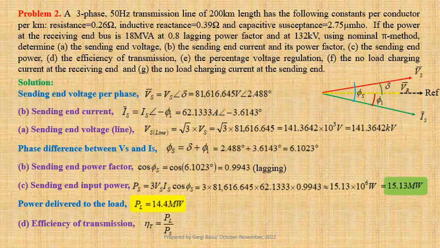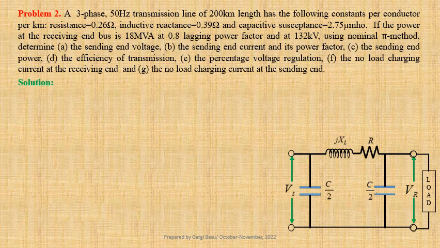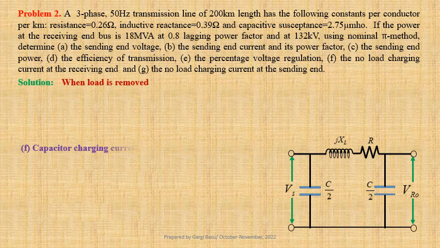Therefore, eta T equals to 14.4 divided by 15.13, that is equal to 0.95175 per unit or 95.175%.